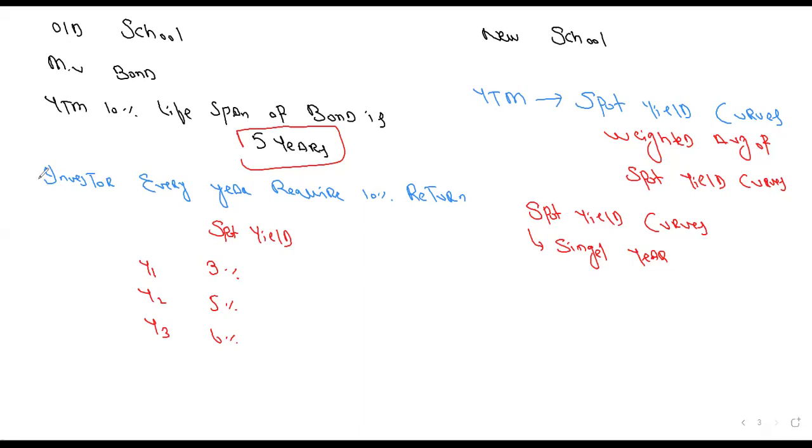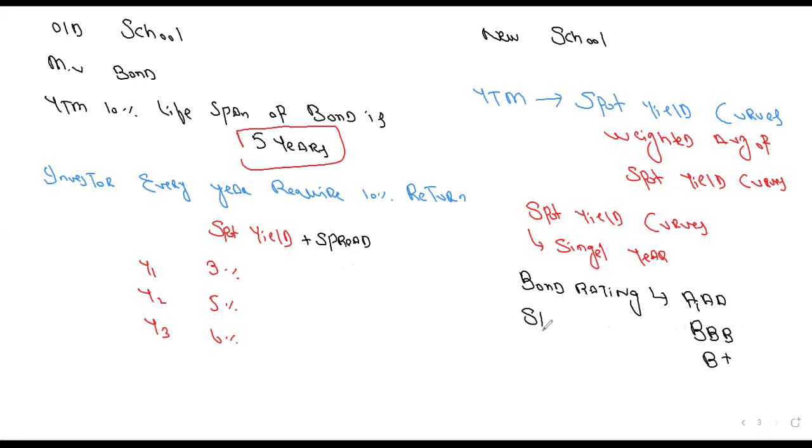And now the examiner will also provide you the bond rating. Like the bond is AAA, the bond is BBB, the bond is B plus rating. Whatever the rating has been given, according to that rating you will add the spread to these spot yields as well. So let us assume the bond is BBB rated.